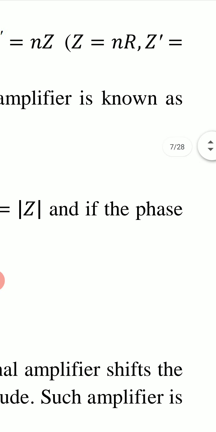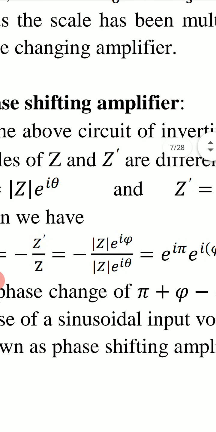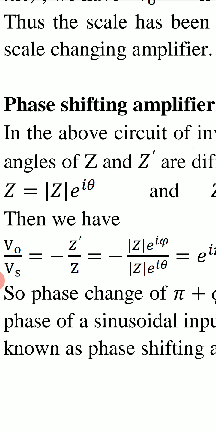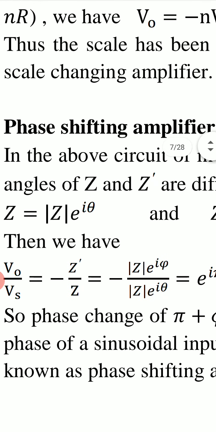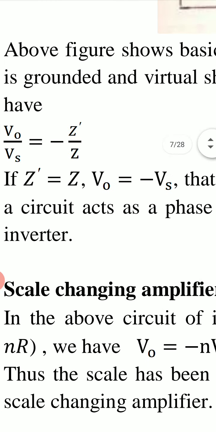Such amplifier is known as scale changing amplifier. So the circuit is same, only values of Z and Z dash are different for these two applications. First one was inverter, in which only phase is changed.